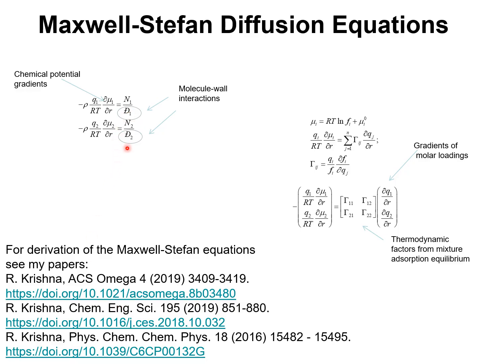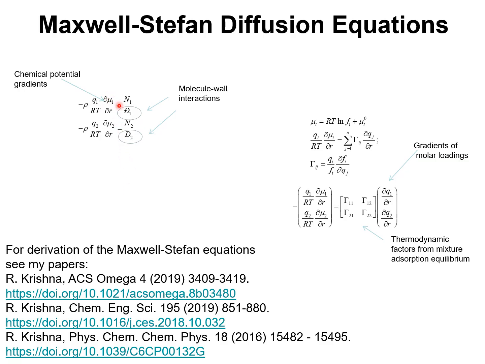These are the Maxwell-Stefan diffusivities. One of the persuasive advantages of the Maxwell-Stefan diffusion formulation is that these Maxwell-Stefan diffusivities for mixture diffusion can be identified with the diffusivities that can be backed out from unary uptake experiments.